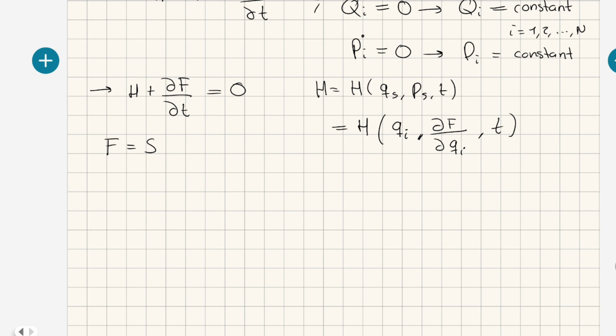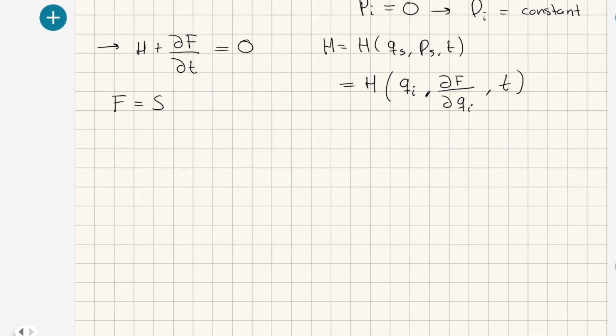But you should know that later on this S will represent the action of the mechanical system. The action is something that we are not going to talk about in this lesson, but it will be important later on as you keep studying classical mechanics. So for now, ignore that this S is going to be the action.